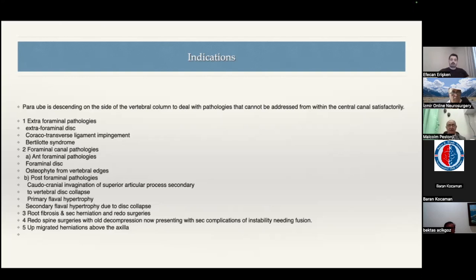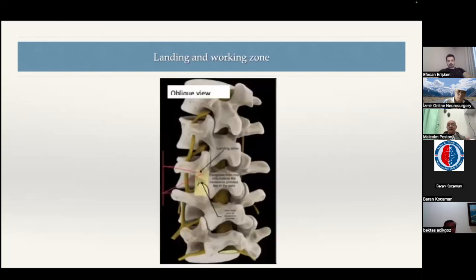They are the extraforaminal pathologies: extraforaminal disc, a corachotransverse ligament impingement, a Bertolotti syndrome; foraminal canal pathologies, which are anterior foraminal pathologies like a foraminal disc, osteophytes from the vertebral edges; posterior foraminal pathologies such as the caudocranial invaginational superior articular process, primary flaval hypertrophy, secondary flaval hypertrophy due to disc collapse, root fibrosis, redo spine surgeries, and finally up-migrated herniations above the axilla. So there's a whole spectrum of it.